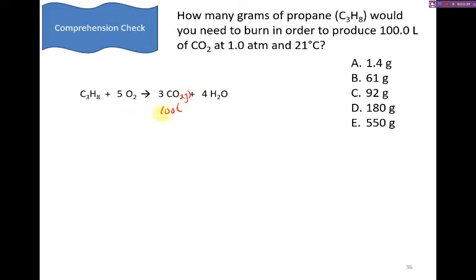It's going to be a gas, at 1 atmosphere, 21 degrees Celsius. So we want to know what mass is needed. We're going to need to use the molar mass of propane, which is 44.1 grams per mole. And we're going to need to convert using the ideal gas law to get to moles here.